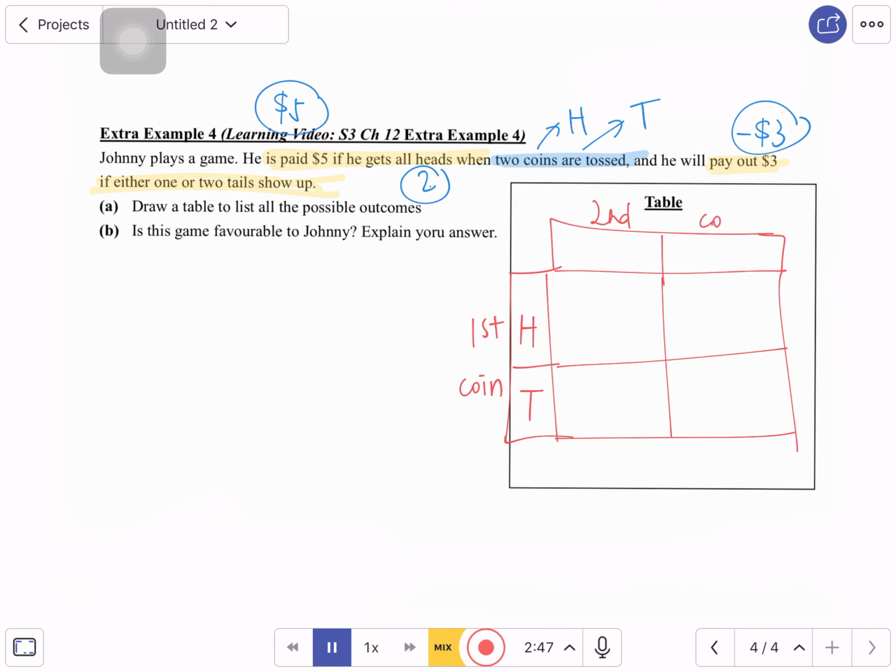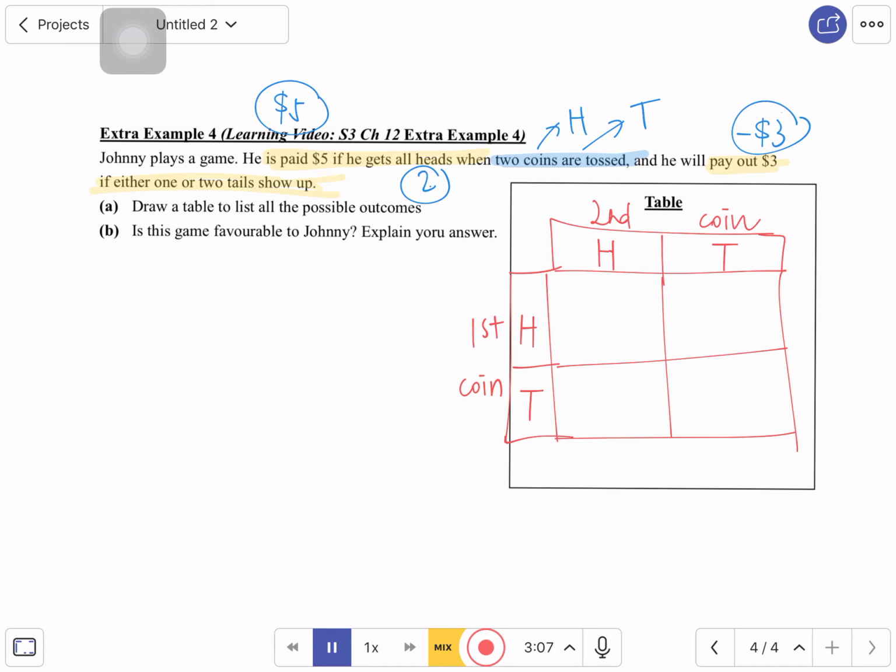For the second coin, similarly, maybe head and tail. And we assume that these 2 coins are fair coins, so the probability is the same for getting a head or a tail.